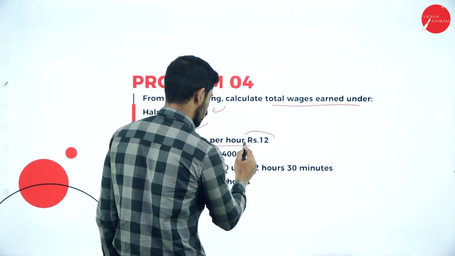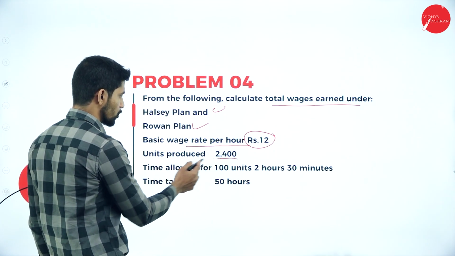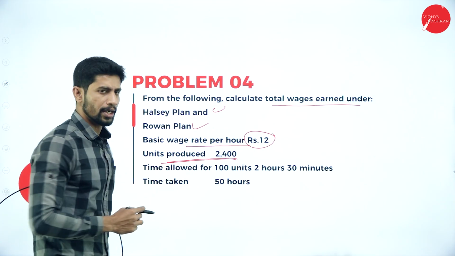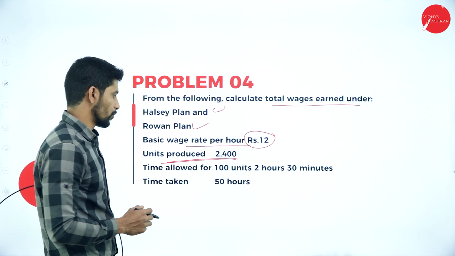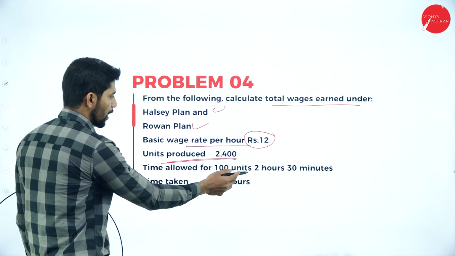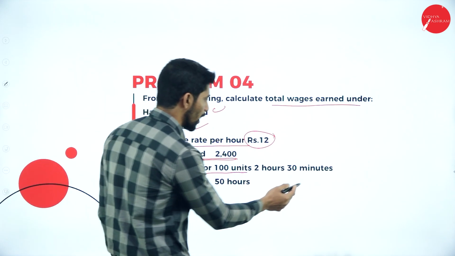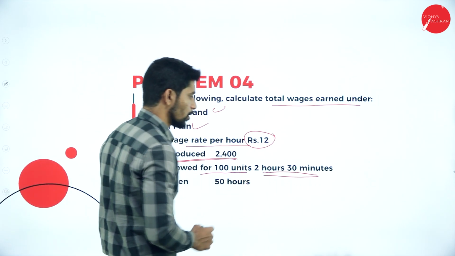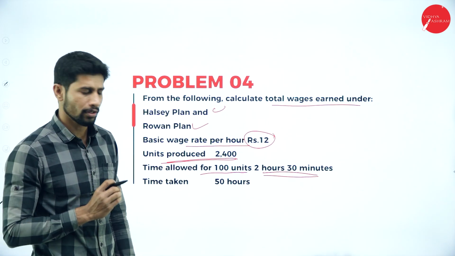It is 12 rupees. So per hour they are paying 12 rupees, and units produced is 2400 units. Time allowed for 100 units is 2 hours 30 minutes. That means to produce 100 units, they are giving 2 hours 30 minutes of time.